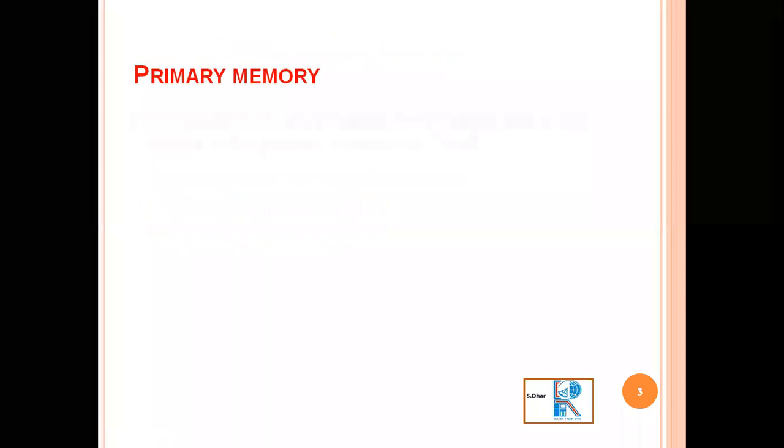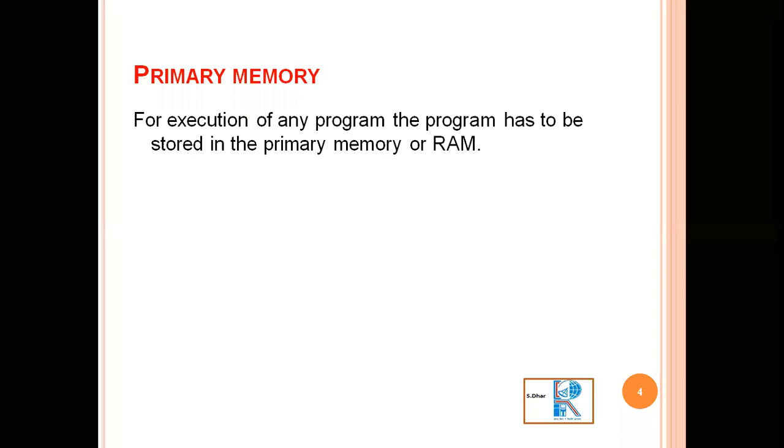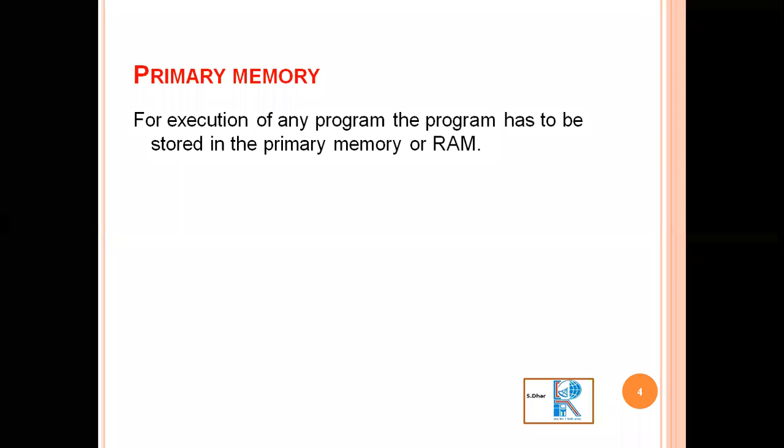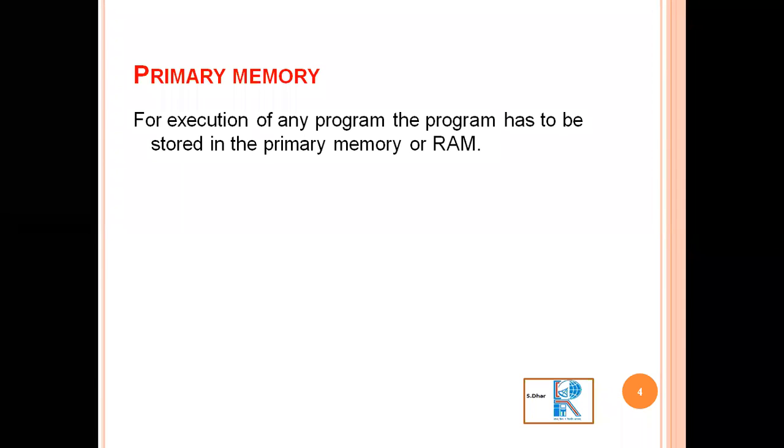After the internal memory, then comes the primary memory. Clear? Now, what is the primary memory? For execution of any program, the program has to be stored into the primary memory or RAM. Suppose you have written one program which you want to run, the processor will store the program into the RAM first, then it can execute.